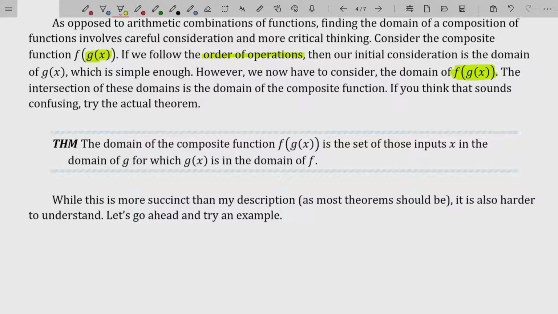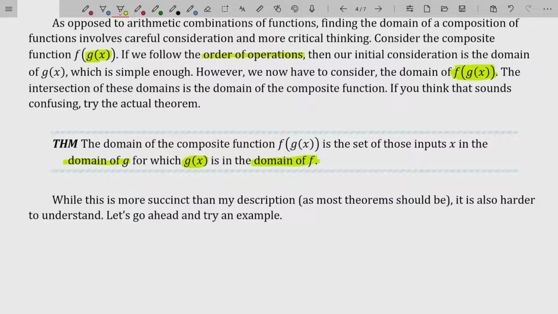The domain of a composite function f of g of x is the set of those inputs x in the domain of g for which g of x is in the domain of f. In layman's terms, look at the domain of g and restrict your domain to that, and then furthermore look at the outputs of g and see if those have problems when you plug them into f. That's really what that means.